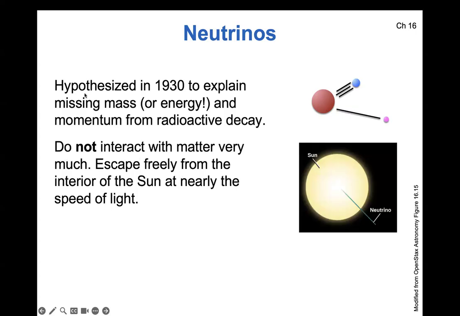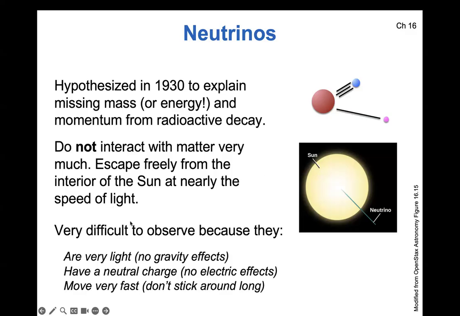Neutrinos were, from their very early days of being hypothesized, understood to not interact with matter very much. They were assumed to escape freely from the interior of the sun at nearly the speed of light, and that made them consequently very difficult to observe because they are very light. So they have no significant gravity effects.